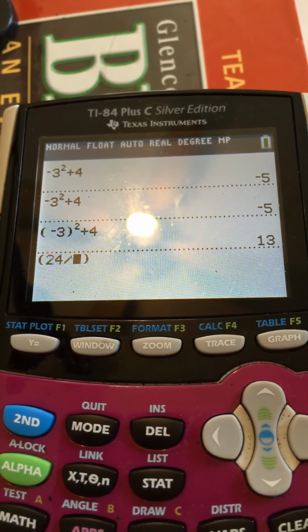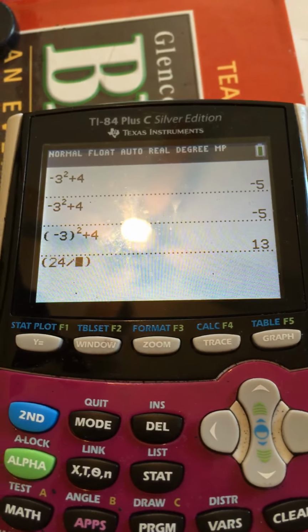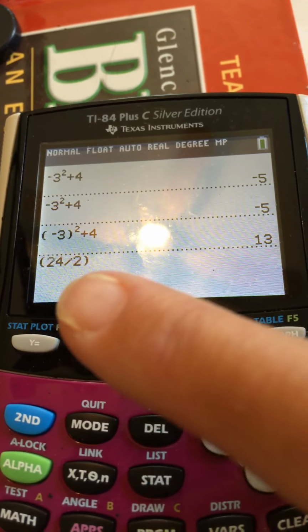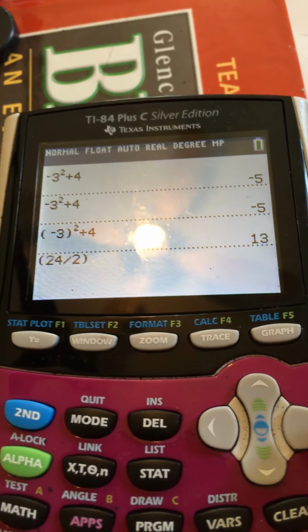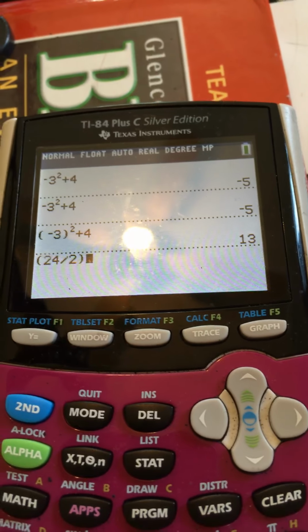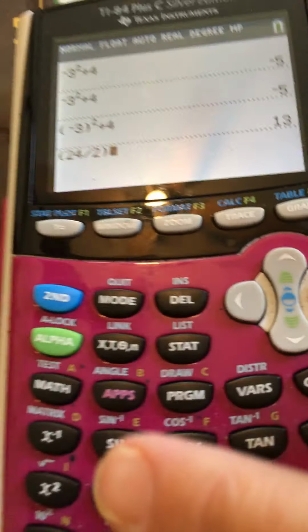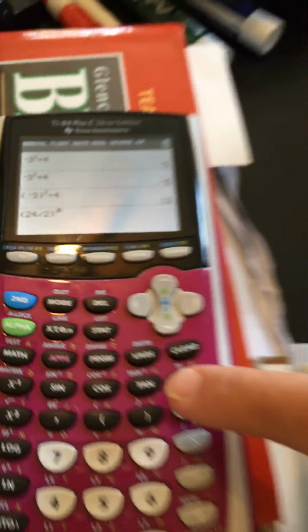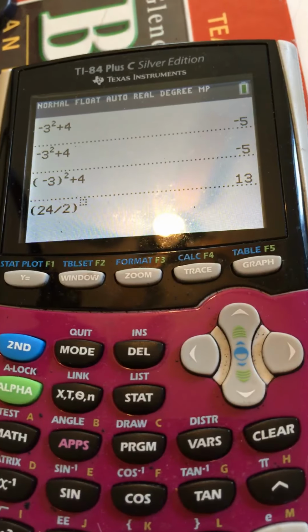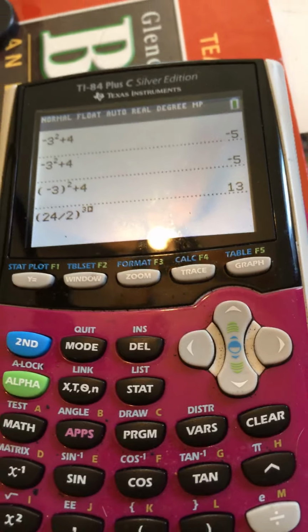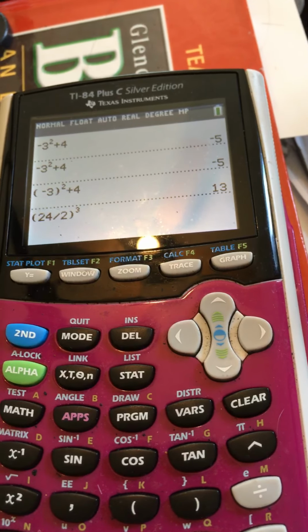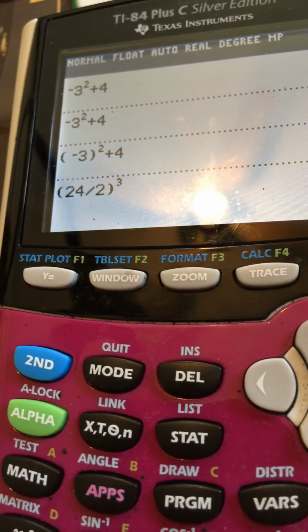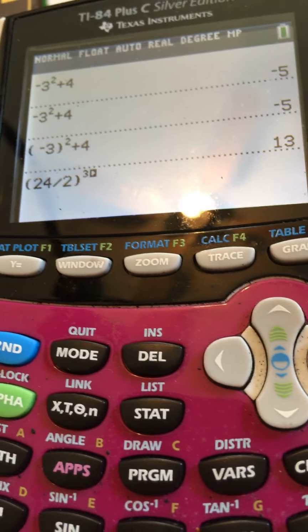Divided by sign, it did the slash 2, and now it needs to be to the 3rd power. We don't have a to the 3rd power button over here, so this time we go up arrow, so we're up in exponent land, 3, and that is our problem. 24 divided by 2 to the 3rd power.